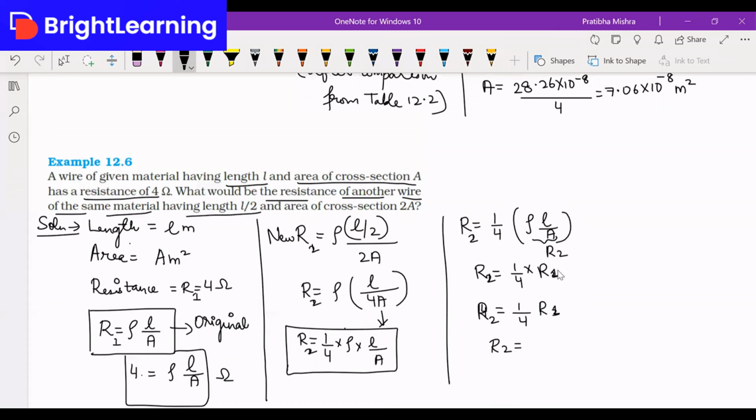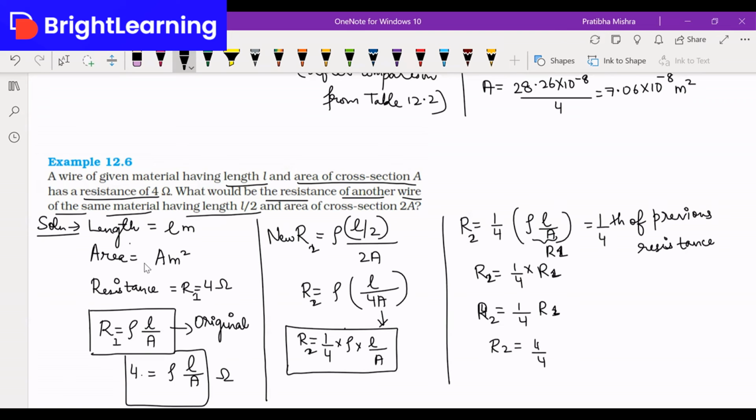So your new resistance is 1/4 of the previous. What does this mean? 1/4 of the previous resistance. That means it's lesser, right? So what can you do now?